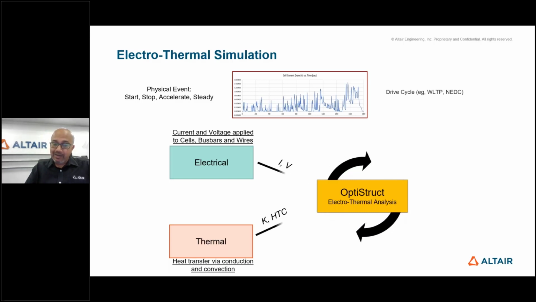From that, we try to understand the rise in temperature, bring that temperature onto the structure, and simulate the structural performance. In that way, it is now the electrothermal mechanical simulation. Where we were doing thermomechanical already, now we are going one step upstream and getting that load more realistically. So this is the extension.